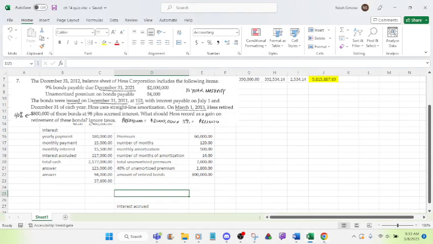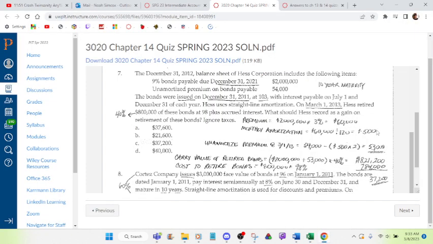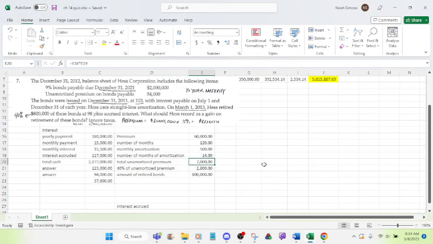Wait, how is the 53,000 relevant? So now the unamortized premium total is 53,000. How on earth did I get 7,000? That doesn't make any sense.